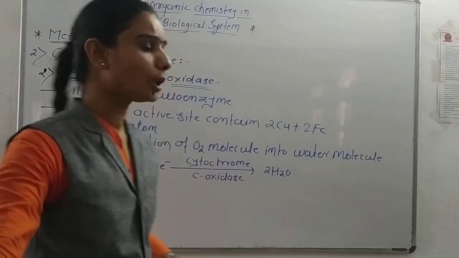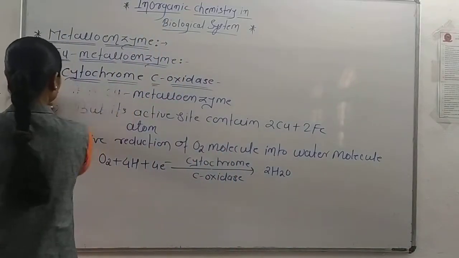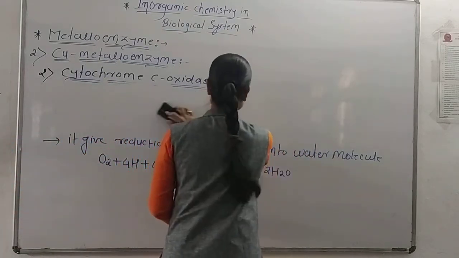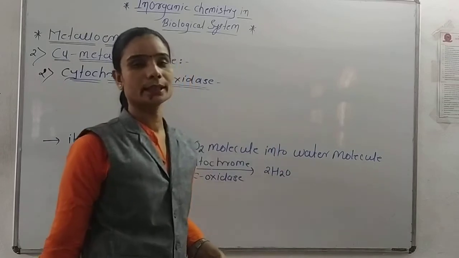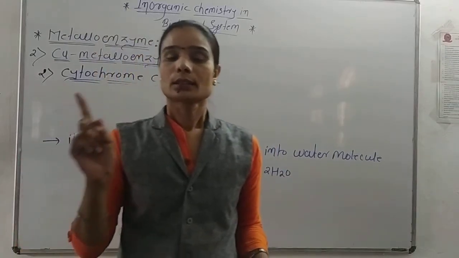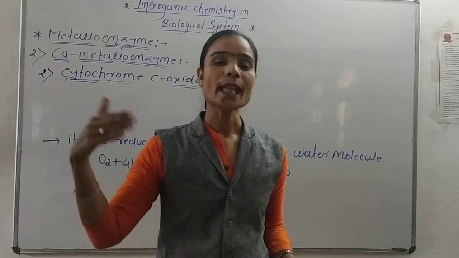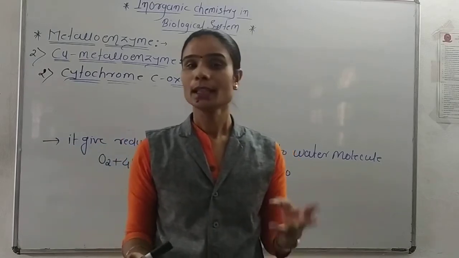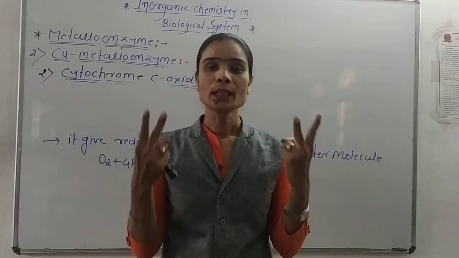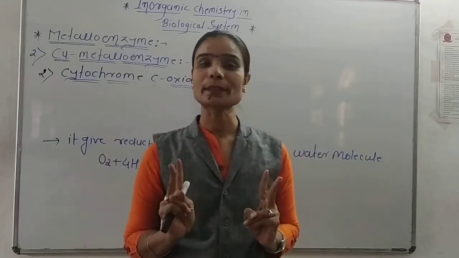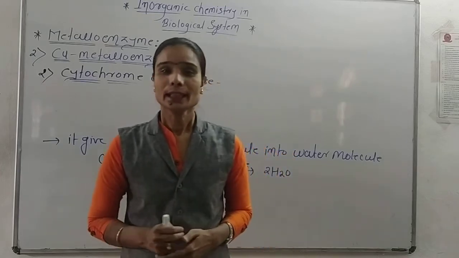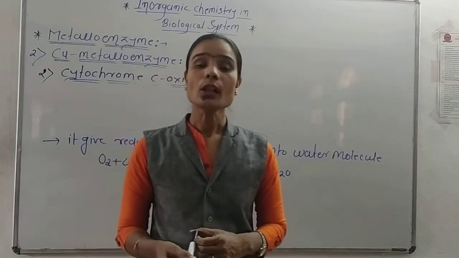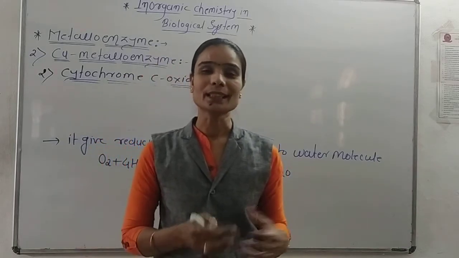One copper atom and one Fe atom give the function of electron transfer. There are four metal atoms present, but not all four participate in the reduction.